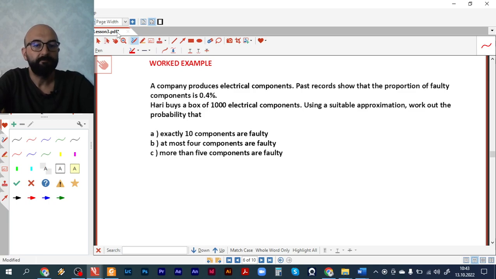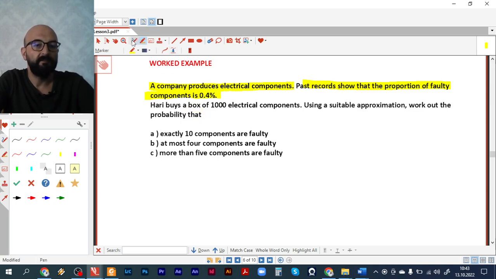A company produces electrical components. Past reports show that the proportion of faulty components is 0.4%.